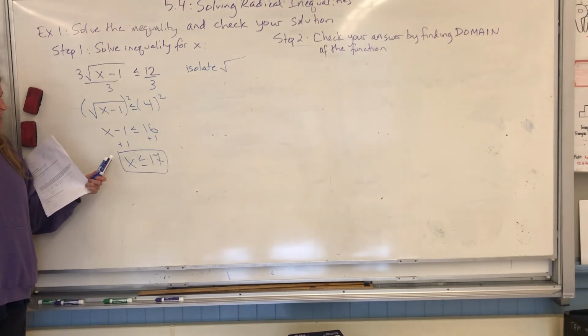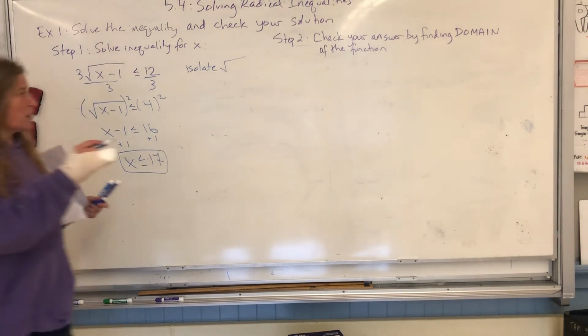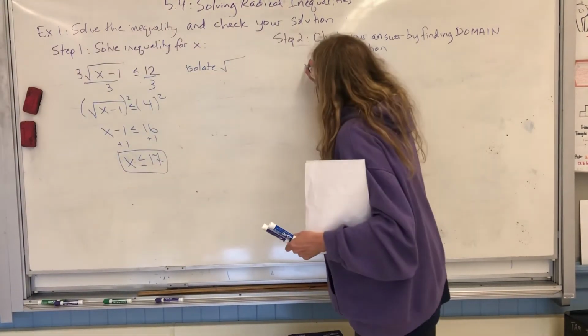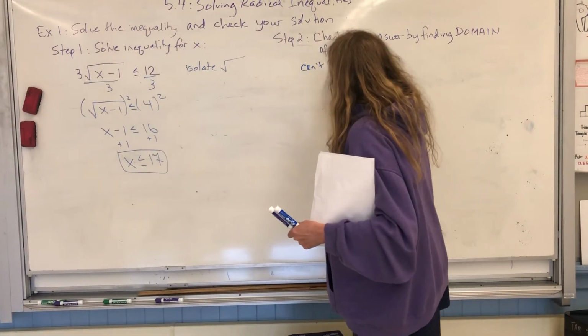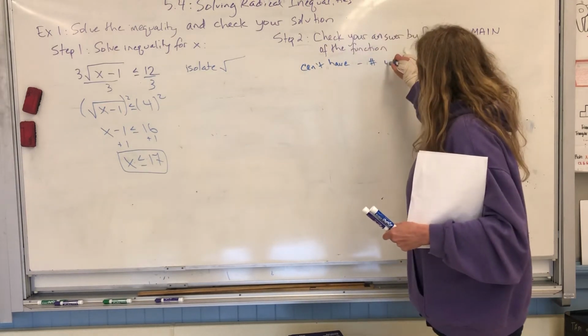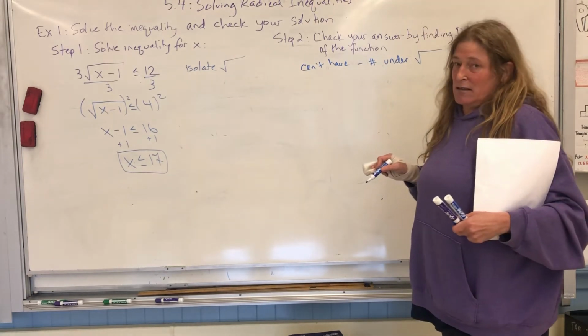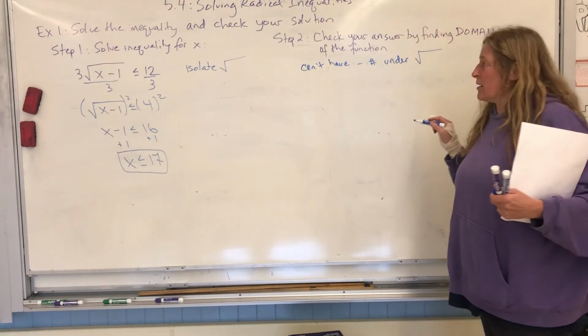But I need to check for a potential problem that I might encounter for certain values of x. If you guys remember, I can't have a negative number under a square root, not without going into imaginary numbers, which we're not doing, we're just looking at real numbers here.